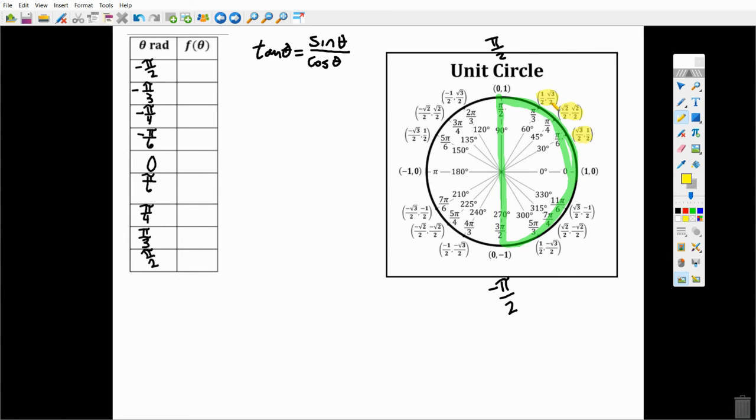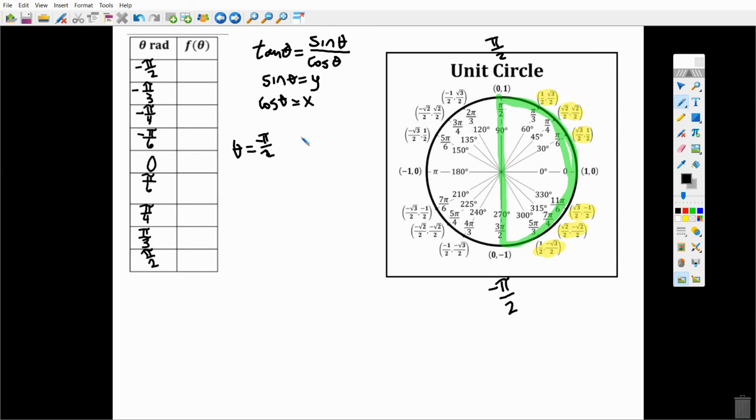Remember that sine is the y value and cosine is the x value. So technically we're going to take the y value and divide by the x value in order to fill these in. First, let's start with theta equals negative pi over 2.